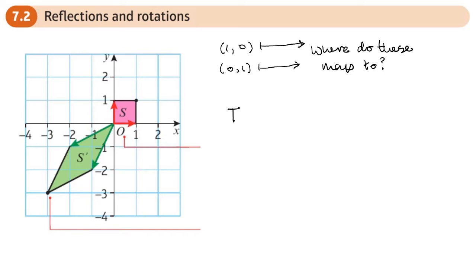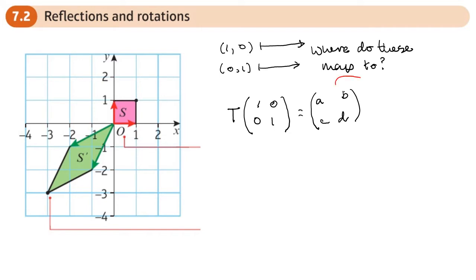So T is going to represent the transformation matrix that I'm trying to find. I'm going to transform or move these points 1, 0, 0, 1. Maybe I know where these points move to.